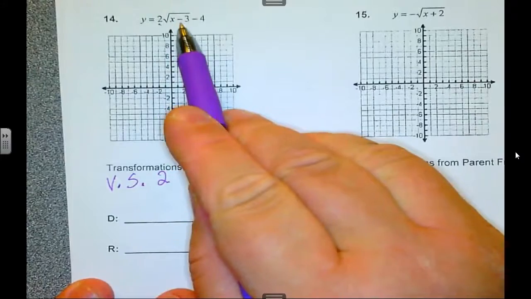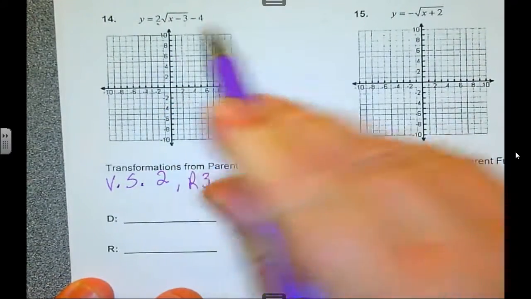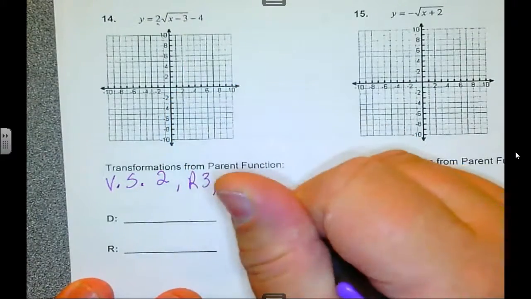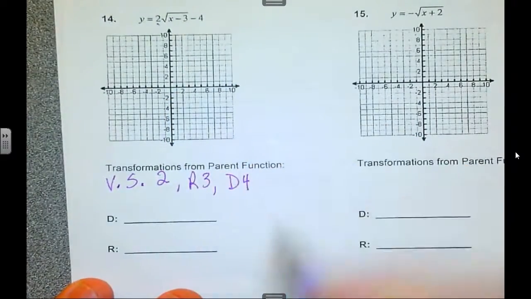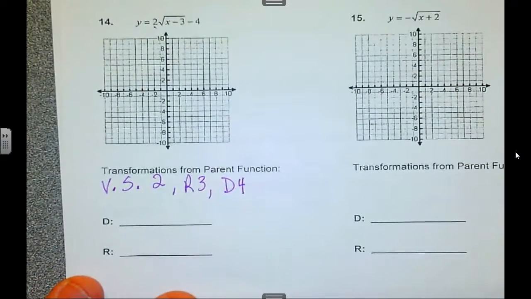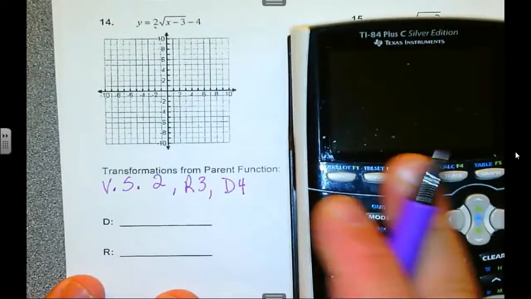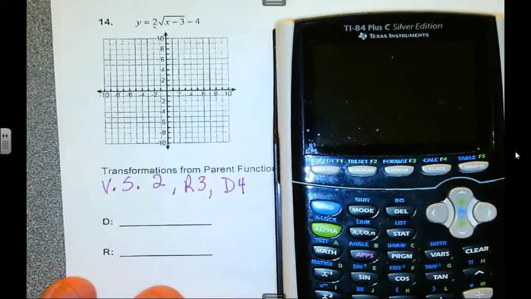We're going to go right 3. And we're going to go down 4. I would highly suggest putting this into your calculators because I think there's only one person that can remember the points of the parent function.